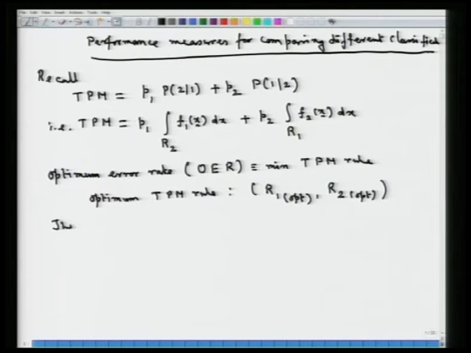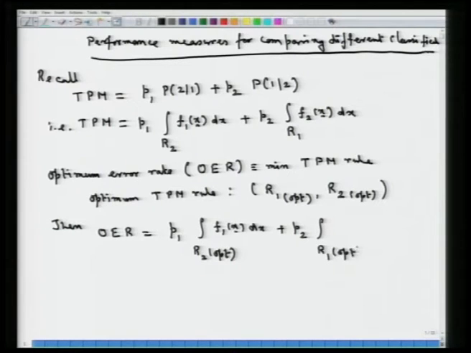Then the OER is given by P1 times the integral over R2 opt of f1(x) dx, plus P2 times the integral over the R1 opt region of the density of the second population, f2(x) dx.